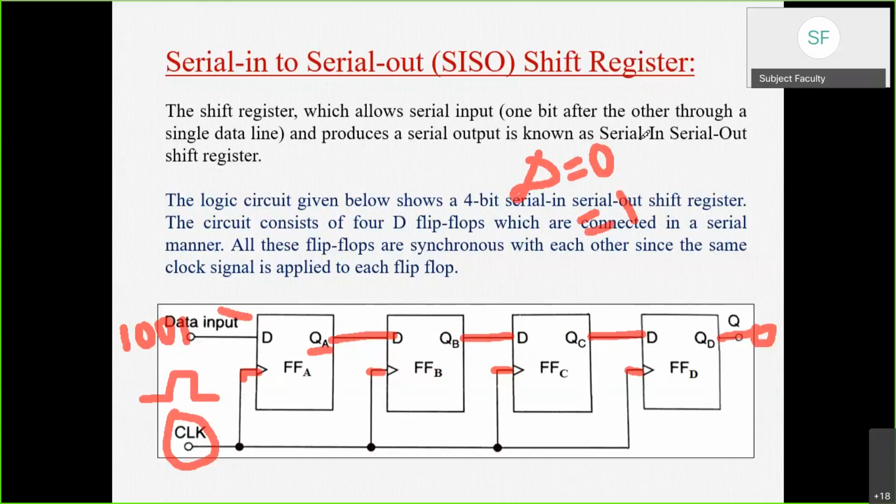When D equals 0, its output, that is Q, we are talking about the normal output. A flip-flop has two outputs, Q and Q bar. Here we are talking about Q only. Whenever D is 0, the output Q is also 0. And when D equals 1, the output will be 1. So this is the simple truth table of a D flip-flop.